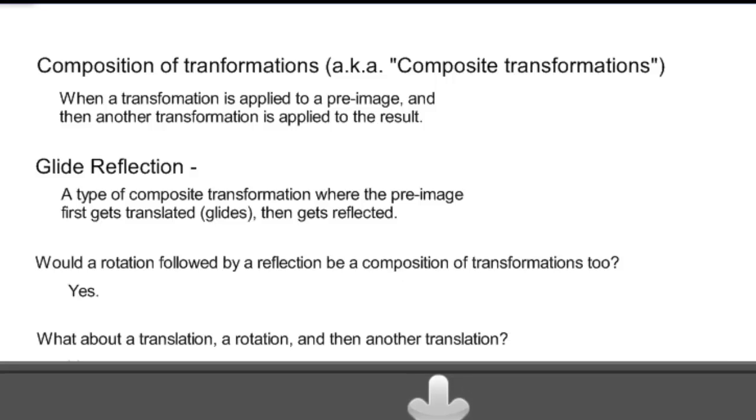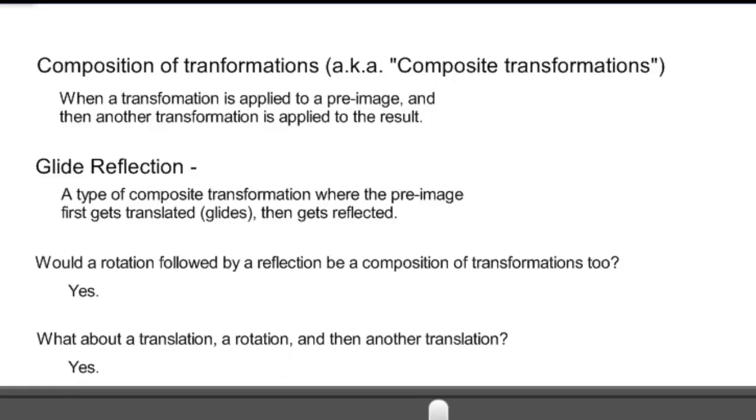Same situation, what if you really got crazy with it? What if you had a translation, and then a rotation, and then another translation? Yes, that would also be a composite transformation because it is more than one transformation being applied to a pre-image.